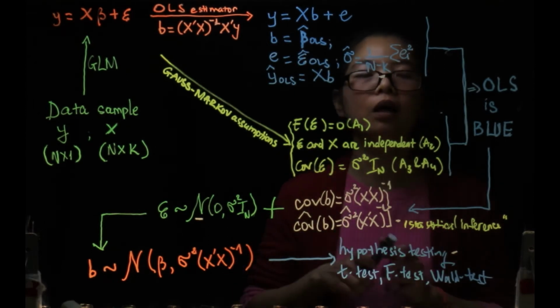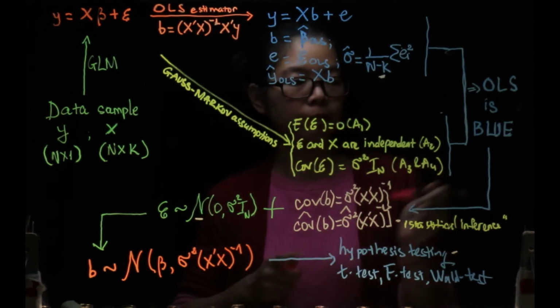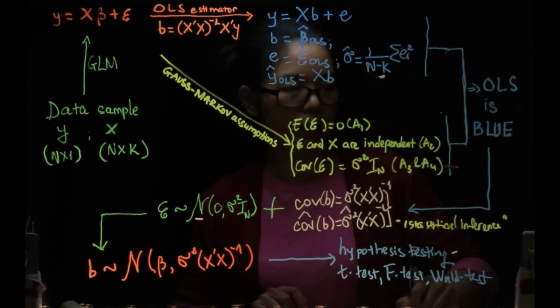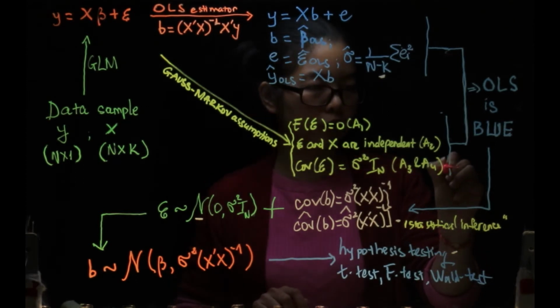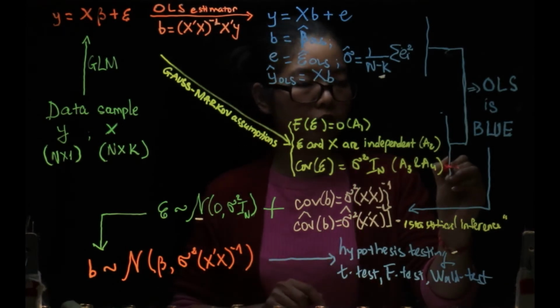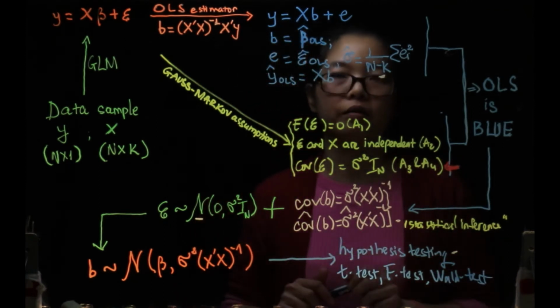And that's what we're going to do in the next weeks. In particular, this week, we will look at A3 and A4. What is the consequence if the assumptions about the variance covariance matrix of the error term are violated?